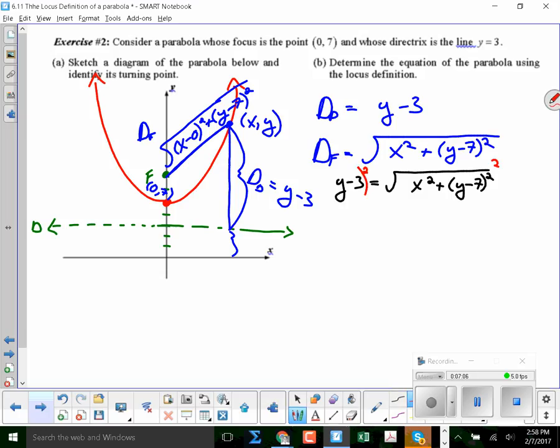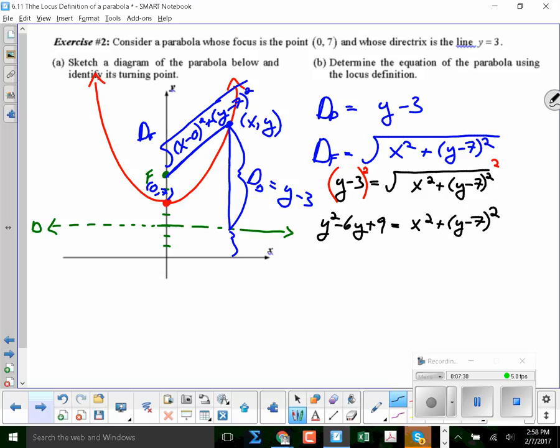Okay, just be careful. It's not y squared minus 9, right? It's y minus 3 times y minus 3. So this is going to be y minus 3 times y minus 3, which is y squared minus 6y plus 9. And that's going to be equal to, squaring the square root, x squared plus y minus 7 squared.